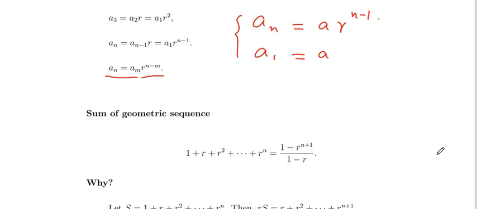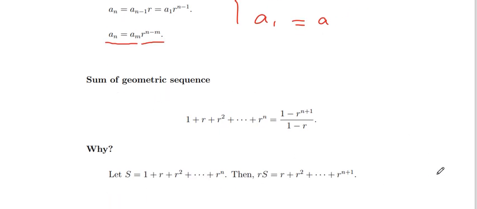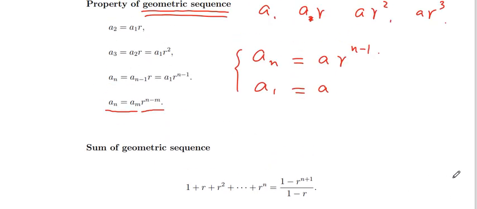For a geometric sequence, we also need to add them up. The first one is A, plus the second one, plus the third one, plus up to An, which is A R^(n-1).